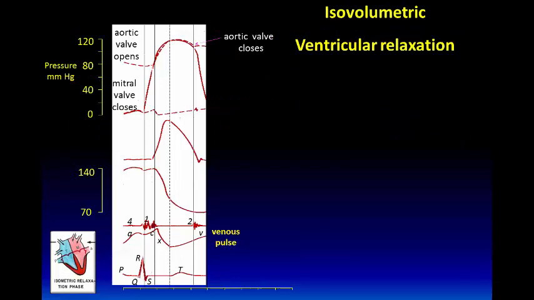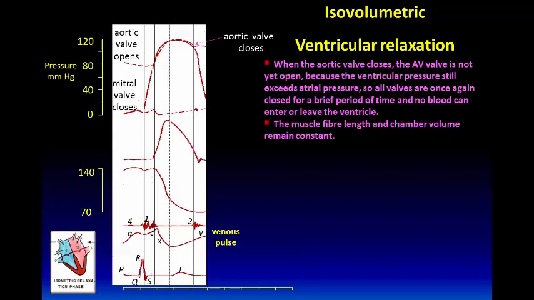The protodiastolic phase of diastole is followed by the isometric or isovolumetric relaxation phase. When the aortic valve closes, the atrioventricular valve is not yet open, because the left ventricular pressure still exceeds left atrial pressure. So all the valves are once again closed for a very brief period of time, and no blood can enter or leave the ventricle.